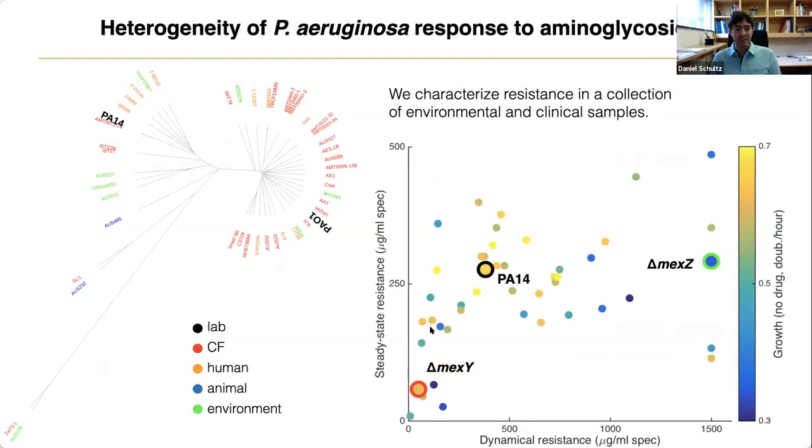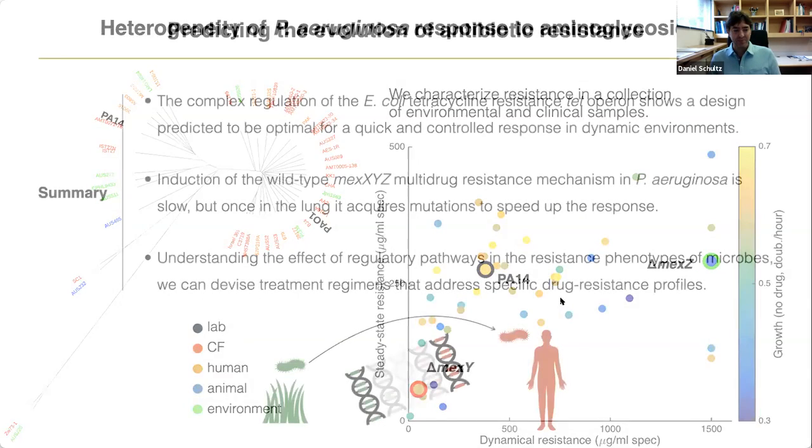And we're currently looking at a collection of Pseudomonas strains from all kinds of different environments. And as you can see, they are all over the place in terms of their resistance profile.